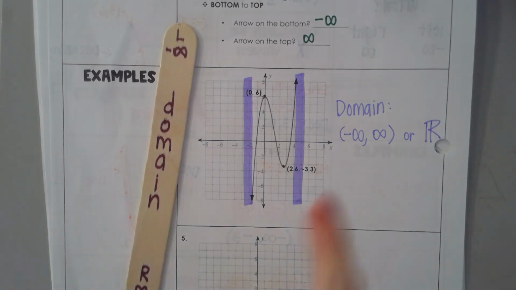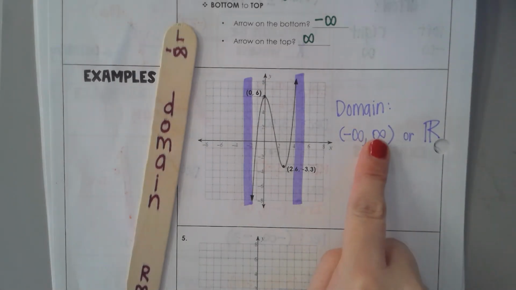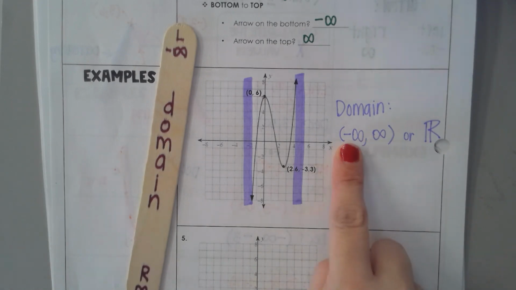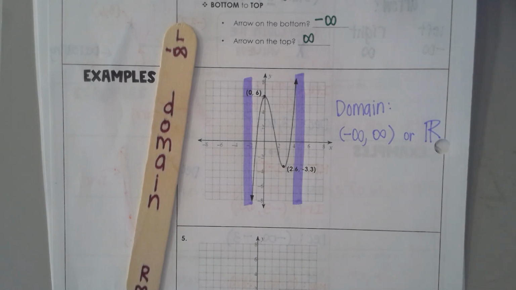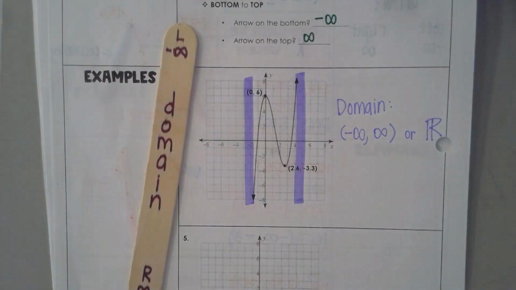So if you ever have negative infinity to positive infinity, meaning we start as left as I can ever imagine and I go as right as I can ever imagine, that's all real numbers. For what we do in this unit, that will always be your domain. You are always going to have an arrow on the left. You're always going to have an arrow on the right. Just for this unit. That's not every time, all the time, just this unit.